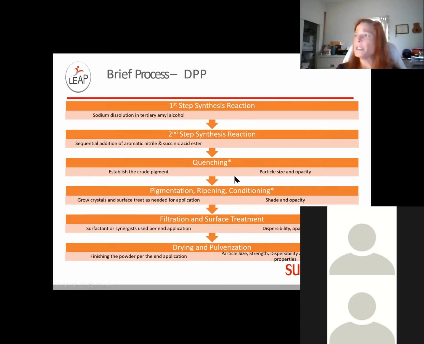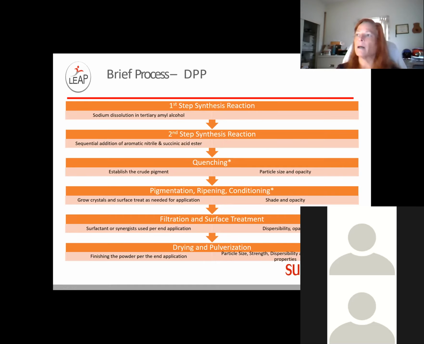Going into a little bit more detail, the first two steps in the synthesis, again, will define the chemistry that we're using. So in the first step, the sodium dissolution in tertiary amyl alcohol is the first key step of that reaction process.